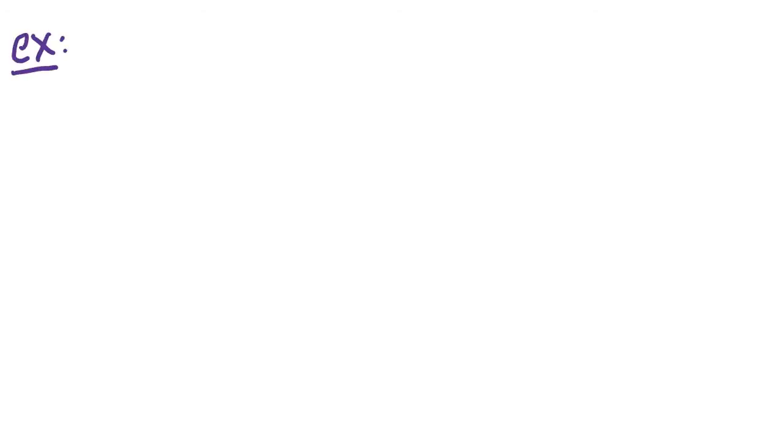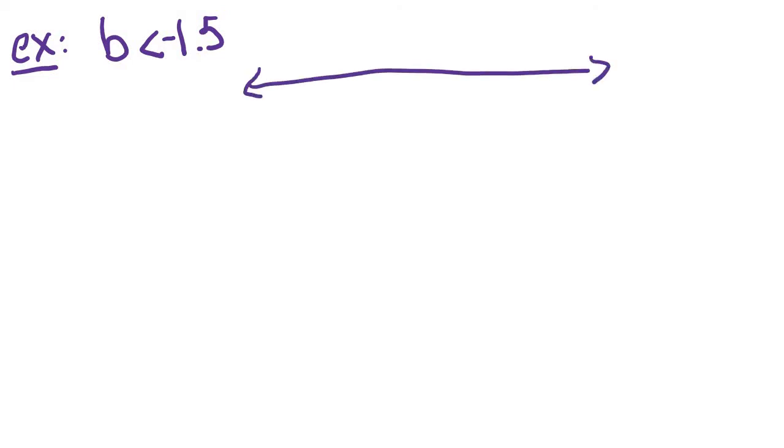All right, so let's do a couple more examples of graphing. So for example, let's graph b less than -1.5. So what number are we going to start with? -1.5. And I'm going to write some numbers to the left and some to the right. You really don't have to, but I do it anyway. So let's see.